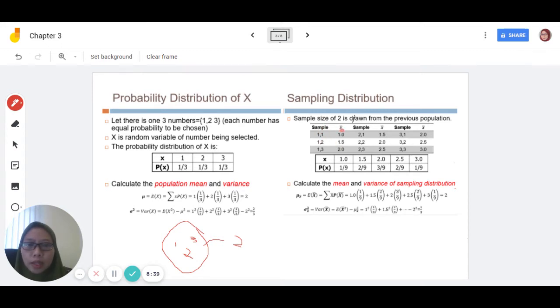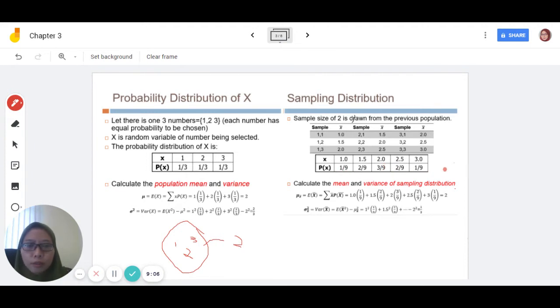The mean of 1 and 1 is 1 plus 1 divided by 2, which is 1. For 1 and 2 it is 1 plus 2 divided by 2, which is 1.5, and so on. So from here you have the sampling distribution, a random sample of X, and the probability of getting each value is tabulated like this.